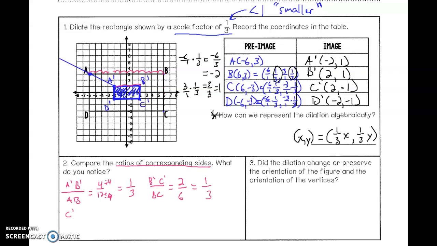If I go C prime to D prime over C to D, 1, 2, 3, 4 over 1, 2, 3, 4, 5, 6, 7, 8, 9, 10, 11, I counted wrong, 12. There we go. Very sloppy.